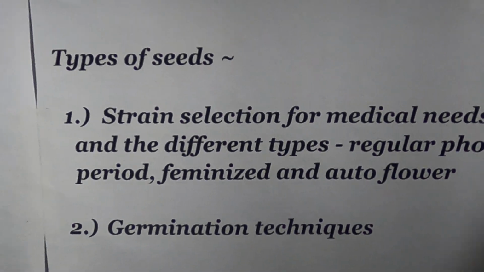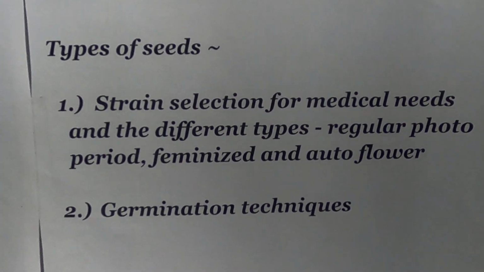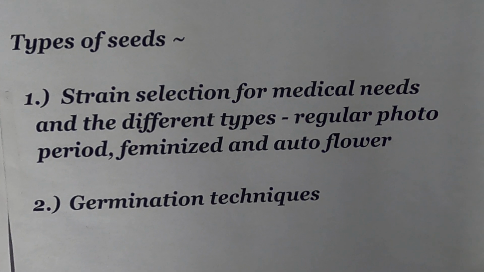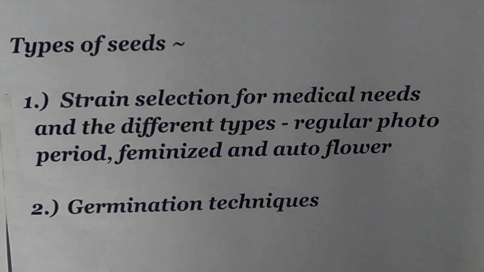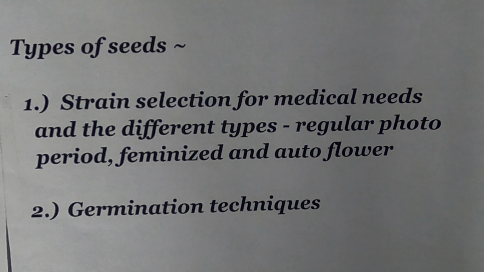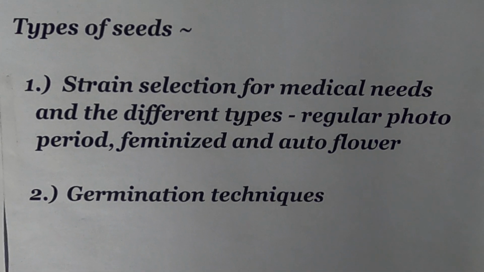Third, we will be going over the types of seeds and strain selection for medical needs: regular, photoperiod, feminized, autoflower. Depending on what you're doing and what you're shooting for, it depends on which seed you choose.